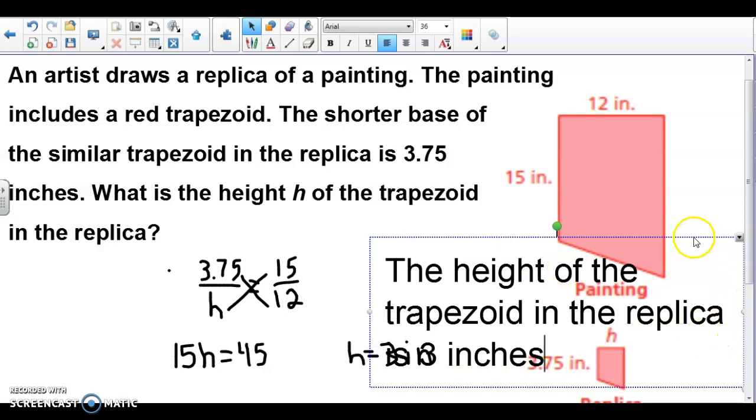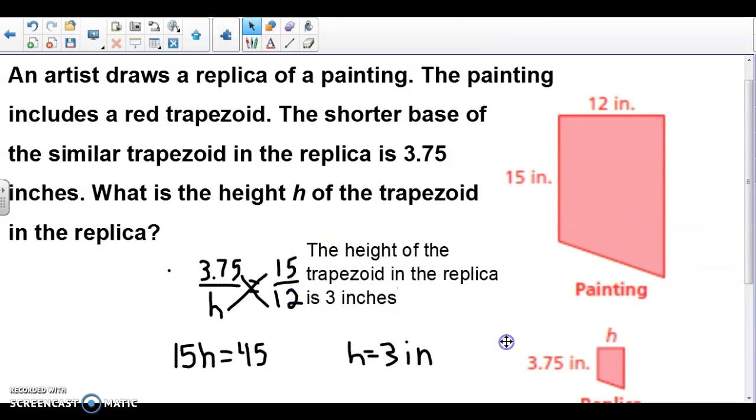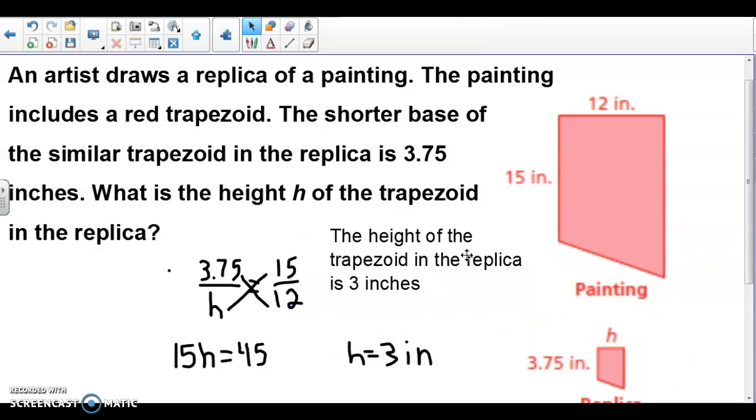Remember, with word problems, you always want to write a sentence for your answer so that the reader understands what h represents. Alright, and that is your word problem.